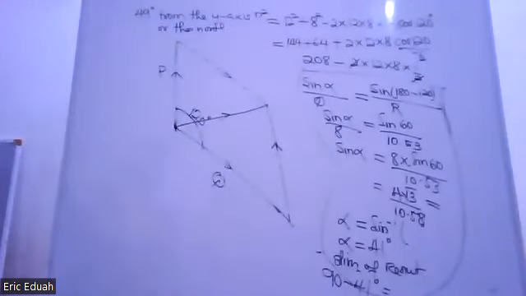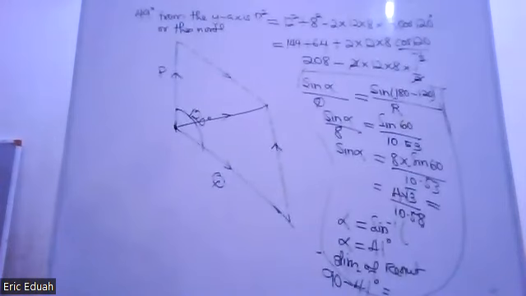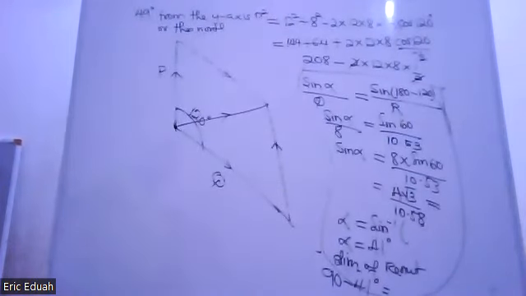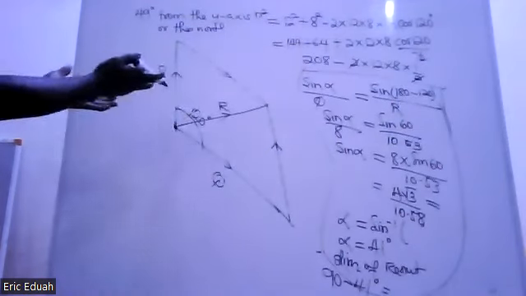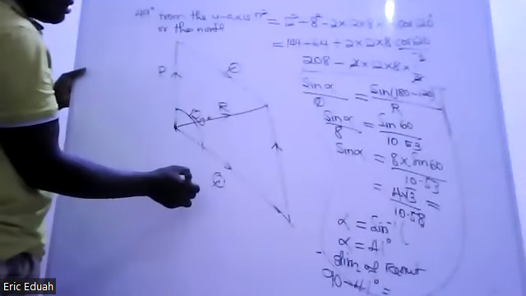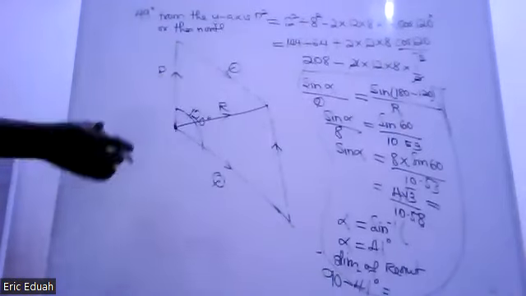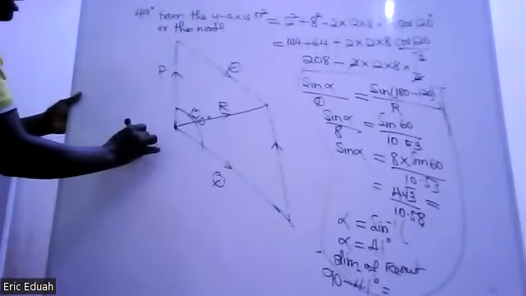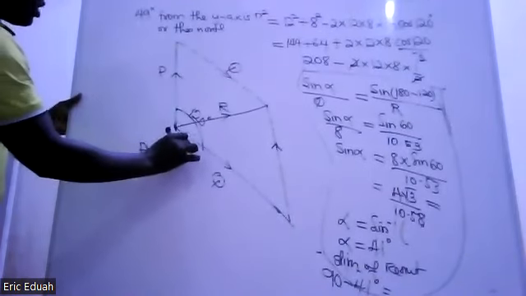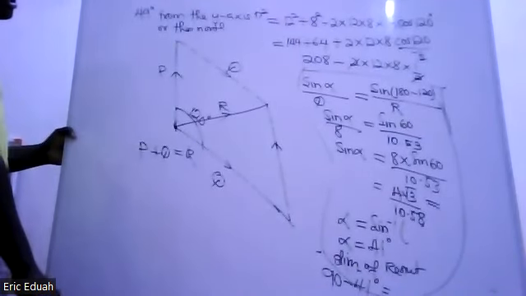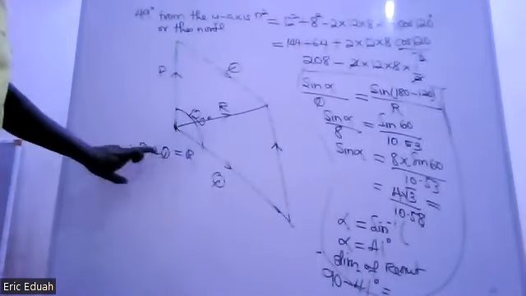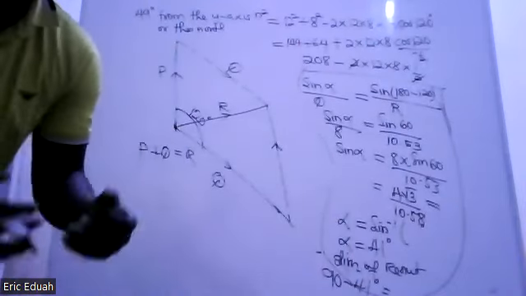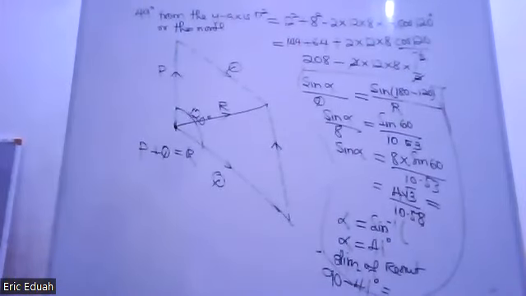But Mr. Ija, if you use the triangle of vectors, from what we've done, it would still be the same. It means that P plus Q is equal to R, whichever way you look at it. But because this is not a scale drawing, you can't just add these to get R. You have to use the cosine rule. Are you fine?